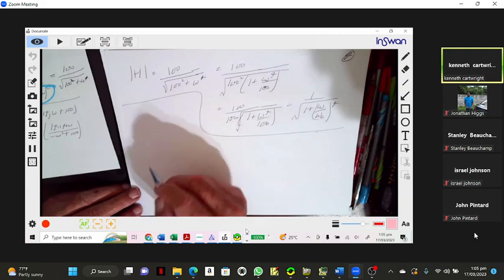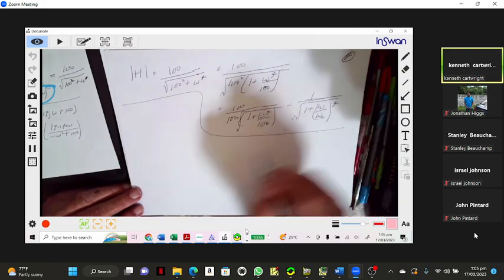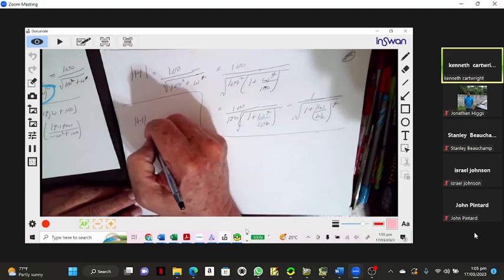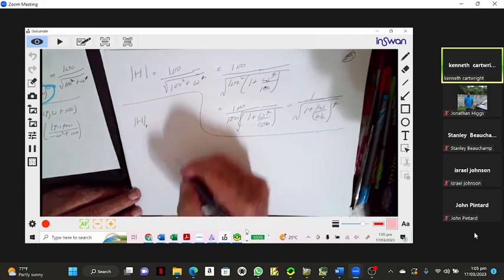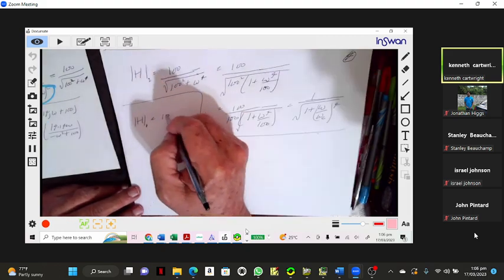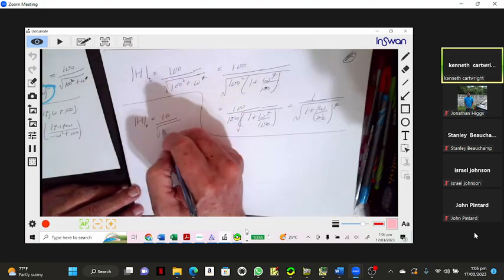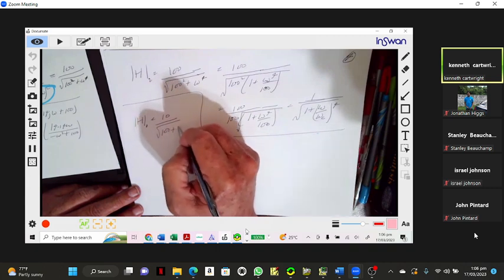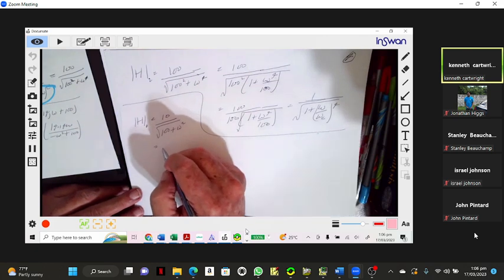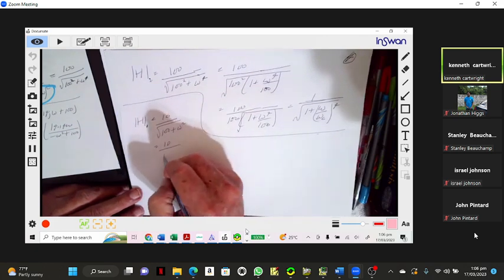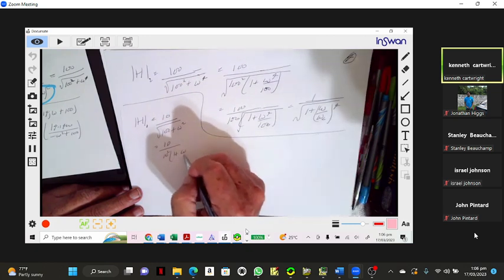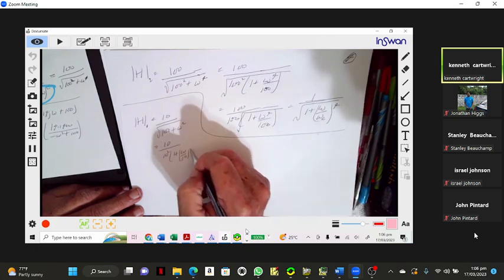Now let's go to the first order. The magnitude of h, I go 1 there. I'm going to put 2 there. It's 10 divided by 100 plus omega squared, which is 10 divided by 10 squared, 1 plus omega over 10 squared.